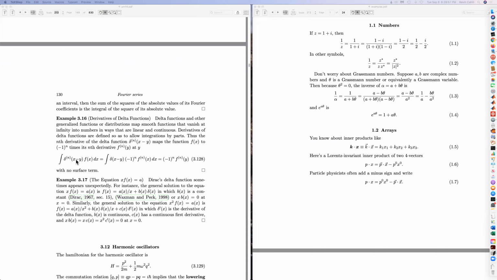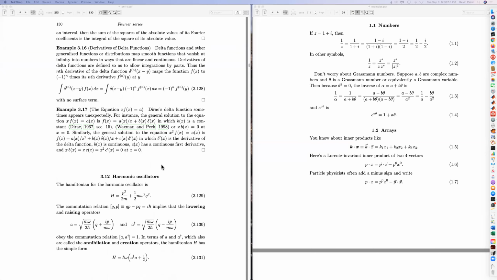So for the nth derivative of the delta function of x minus y, you integrate by parts n times, you get minus 1 to the n, the nth derivative of f of x, and bingo, that's minus 1 to the n, the nth derivative of f of x evaluated at y, with no surface term.